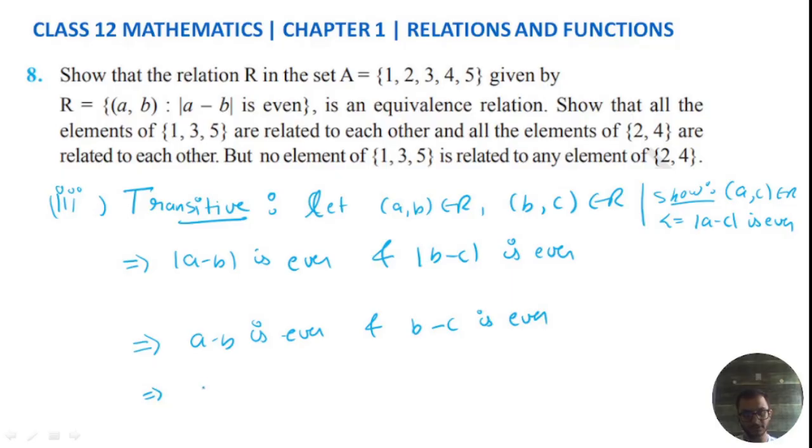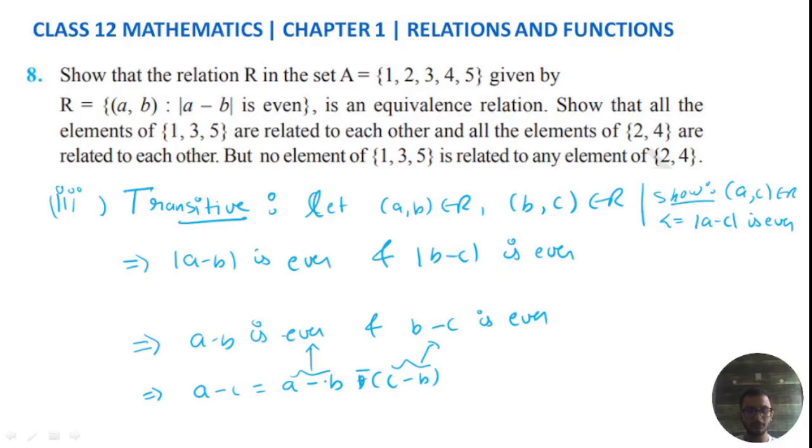So this means that a minus c, which is how I had written it, a minus b plus, not plus, minus c minus b. Now this part is even, this part is even, and this part is also even, because b minus c is even, then c minus b will also be even.